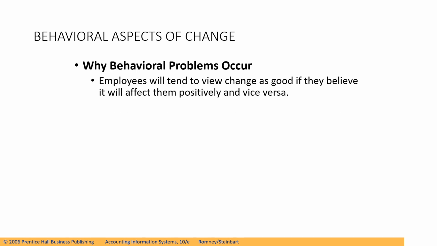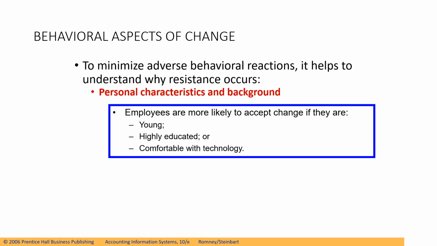So why do behavioral problems occur? Employees will tend to view change as good if they believe it will affect them positively, and vice versa. To minimize adverse behavioral reactions, it helps to understand why resistance occurs. Okay, you need to look at the personal characteristics and background of your employees.